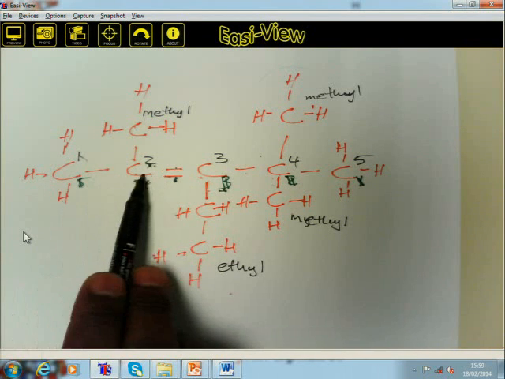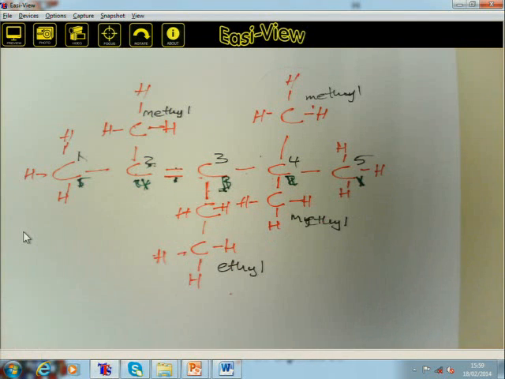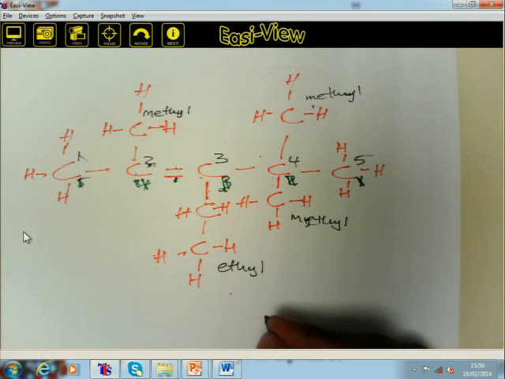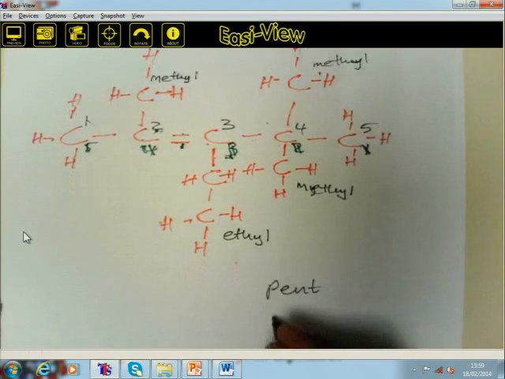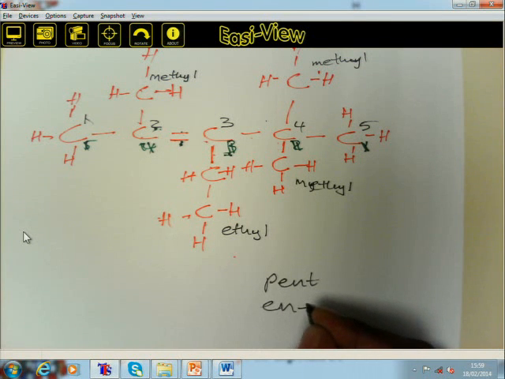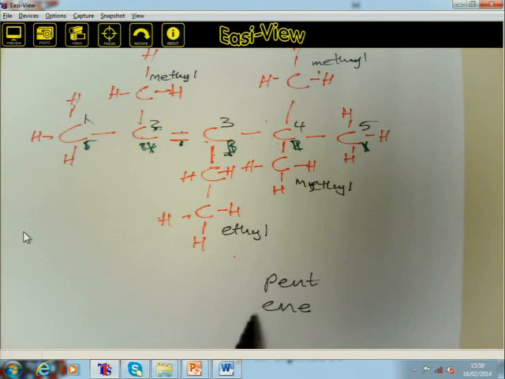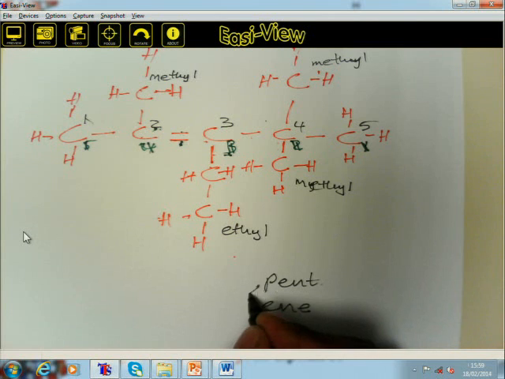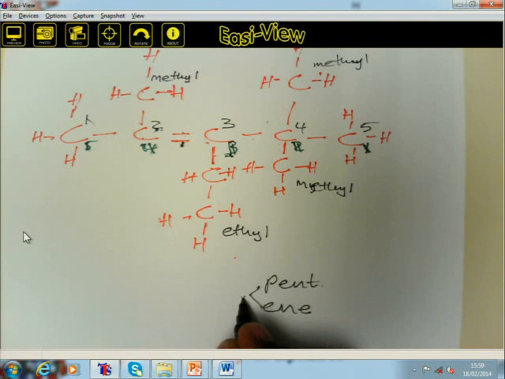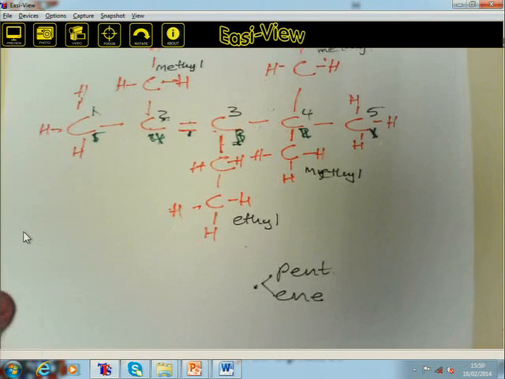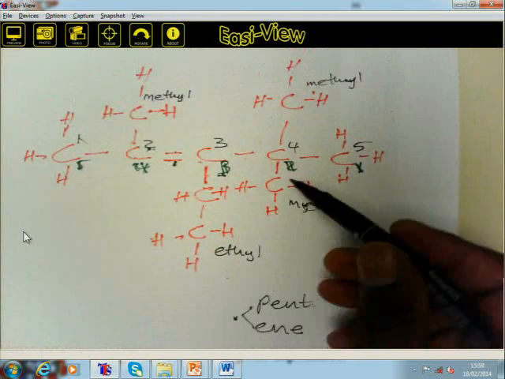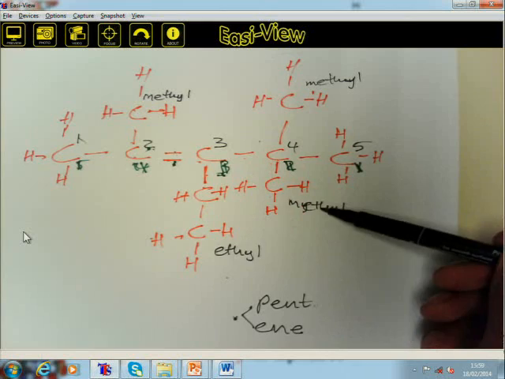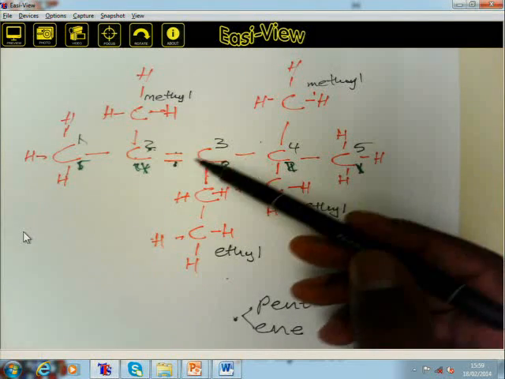There are 1, 2, 3, 4, 5, so I know the parent name will start with pent and it will end with E. And I must not forget that between these two, I must put the number of where the double bond is. So for the name, I've got E and M, but I know that E comes before M.